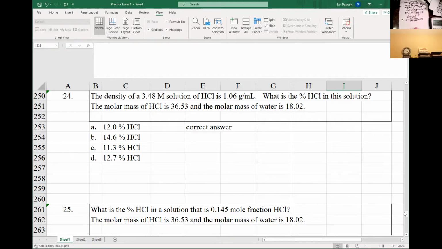And so we're told the molarity of the solution is 3.48 molar, and the density is 1.06 grams per milliliter.